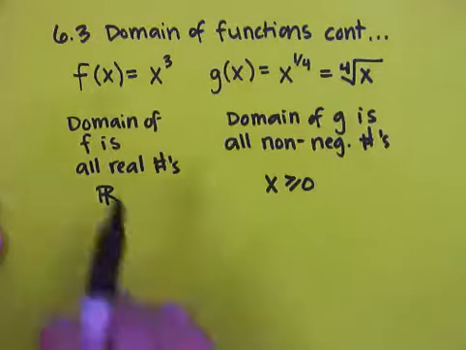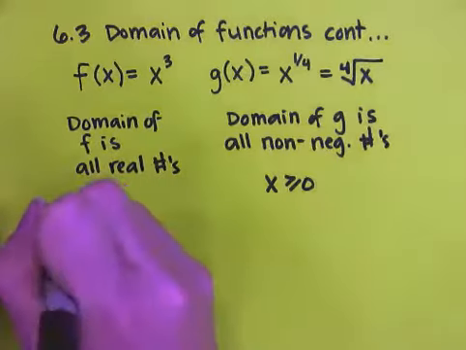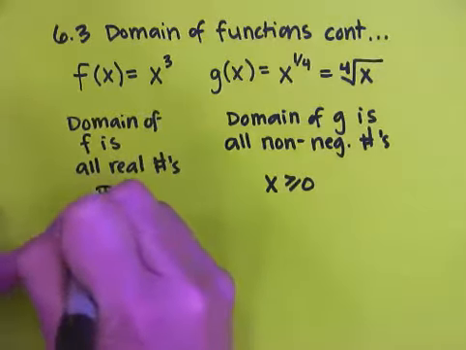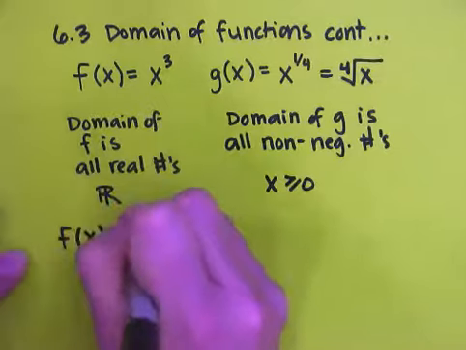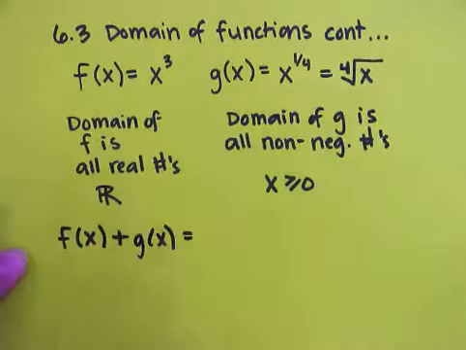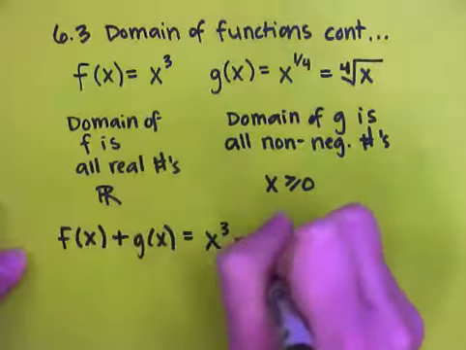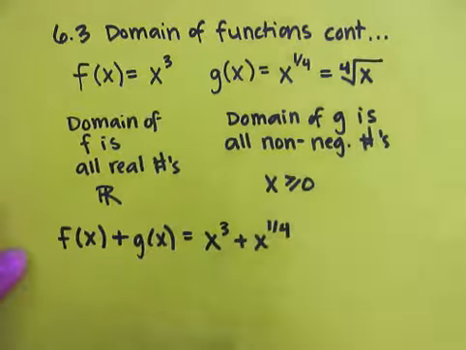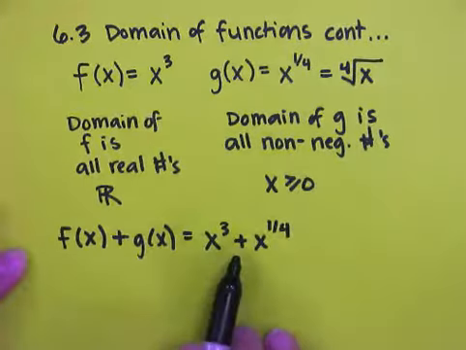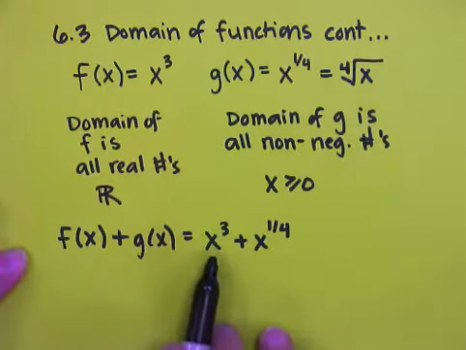Now, I looked at these separately because if we think about function operations, for instance, if I think of f of x plus g of x, I'm going to add those two functions together, x cubed plus x to the 1/4. Clearly, these two things are not like terms, so I can't do any simplification here.